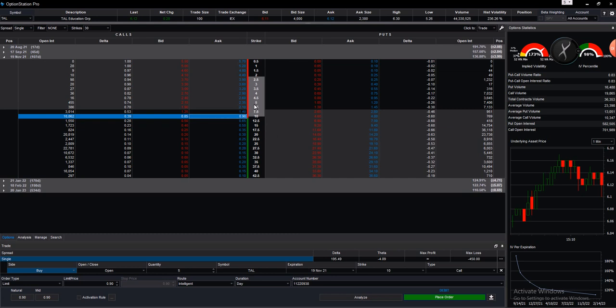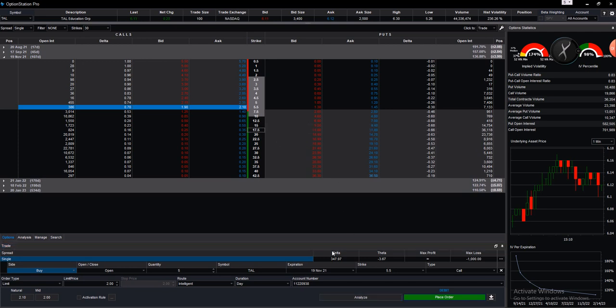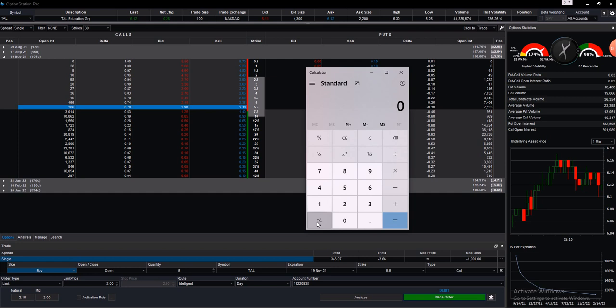Now, if we were to get in, this is close to where the stock is currently, so we would add 11 to this price. Okay, so we're gonna get 16 and 80 cents, so just shy of $17 if my math is correct. Let me double check. 5.5 plus 11.3, yeah, just under $17.